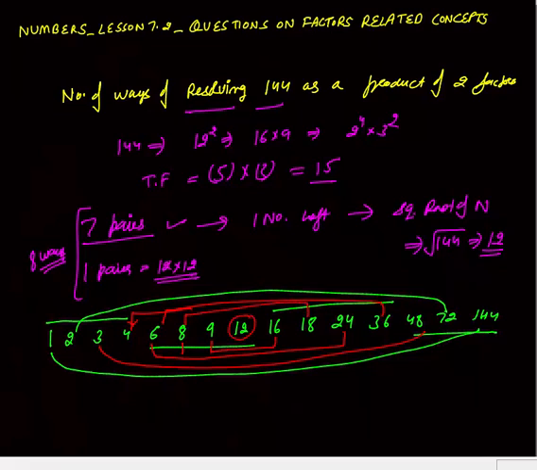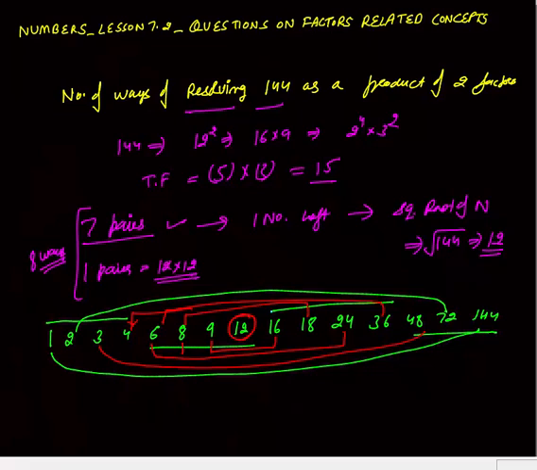The only thing left is 12, because total factors are 15, so one number will be left in between. So 7 pairs you can find straight away, first-last, second-last, by common sense. 15 numbers are there, so we can make 7 pairs, all of whose product will be 144. So the last pair could be 12 into 12.